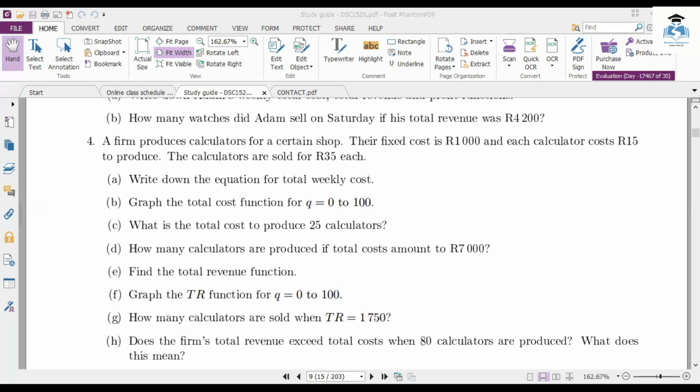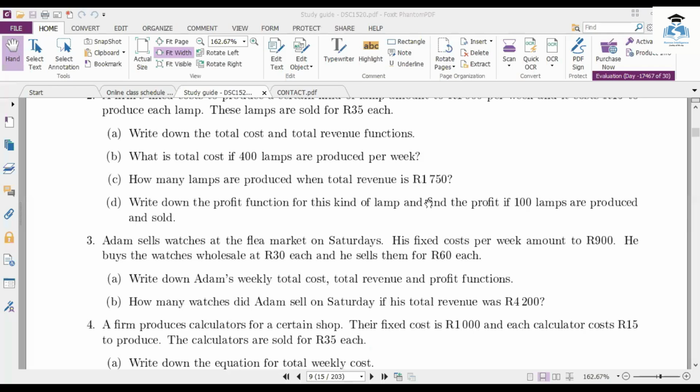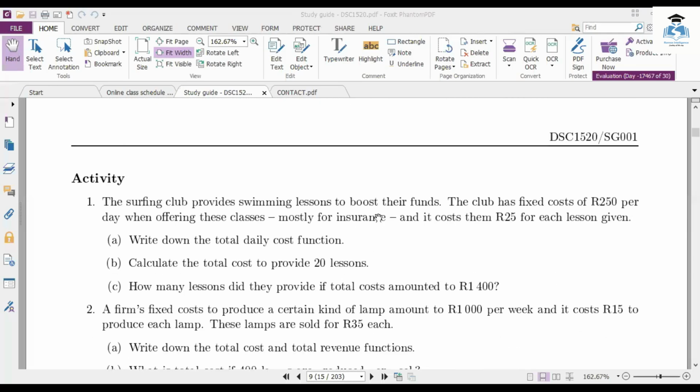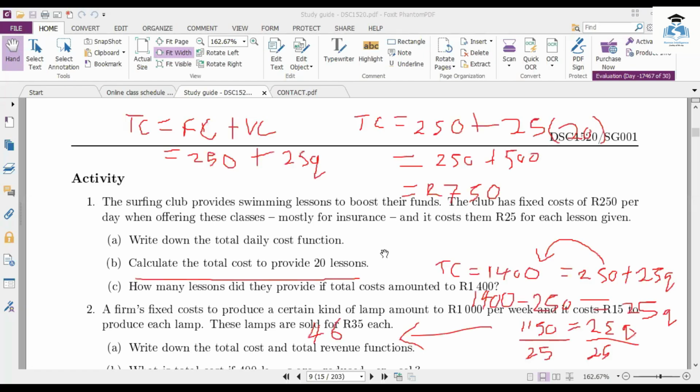Sorry, sir. Can you go back to that number C, the one that was just worked out now of the lady? So the 250 was our fixed cost, right?